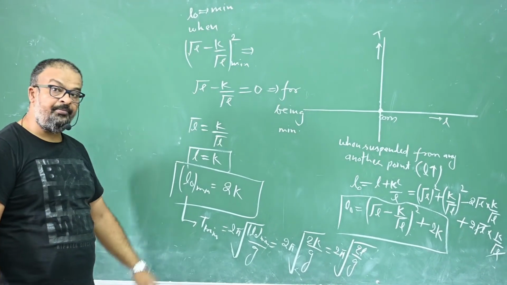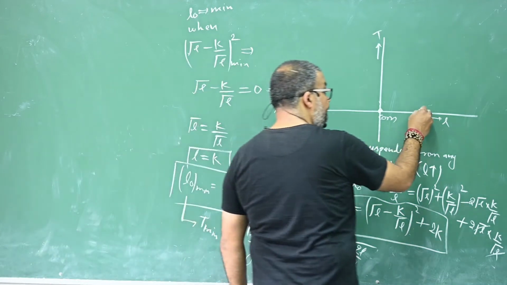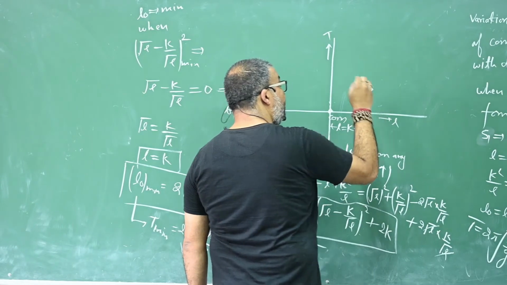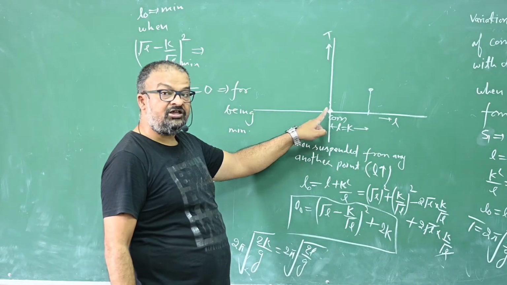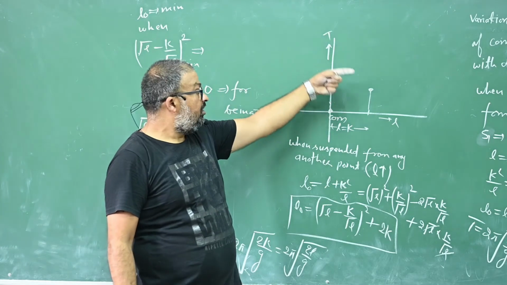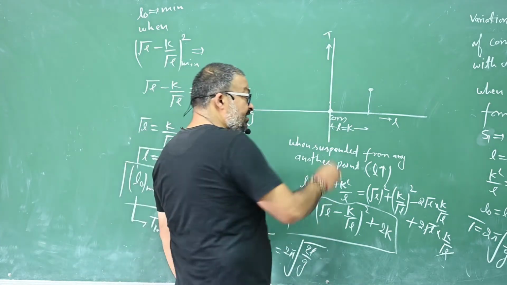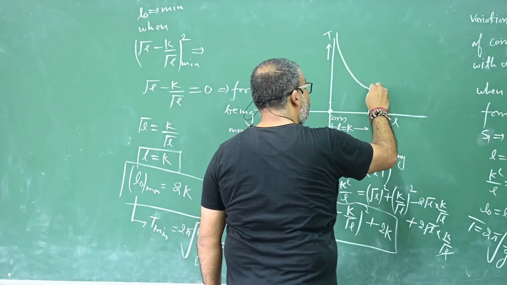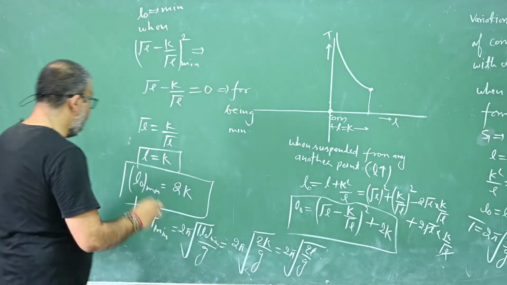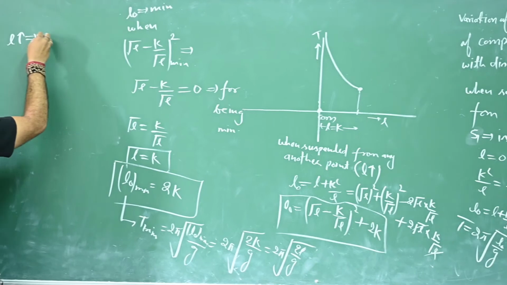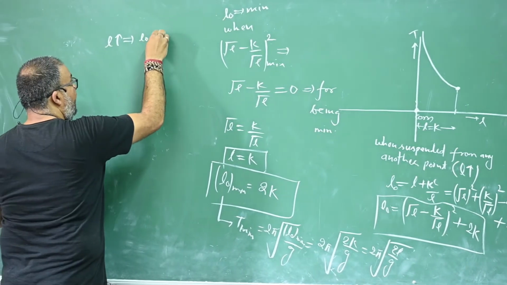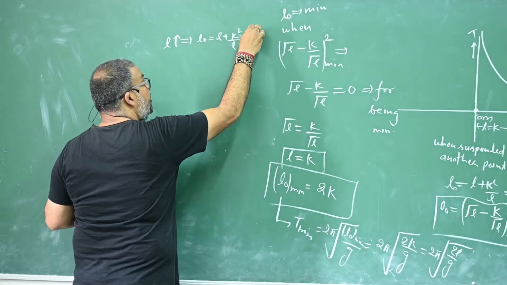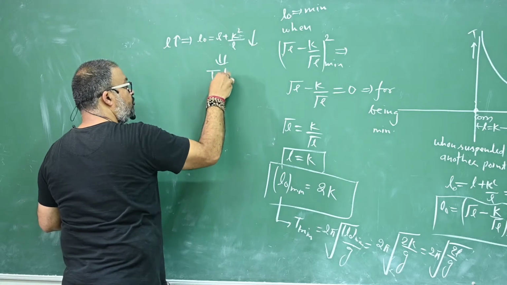Right? This is the minimum time period, and the minimum time period occurs when L is equal to k. Initially, when it was suspended about the center of mass, the time period was maximum. Now the time period is minimum. That means, as the distance of the point of suspension from the center of mass increases, L0, that is L plus k square by L, decreases, and hence the time period also decreases.